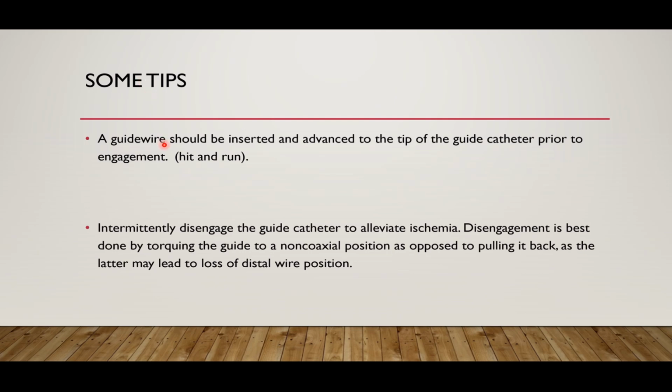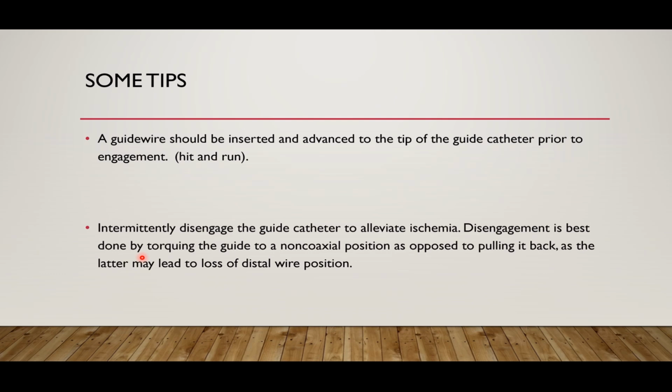First of all, before engagement, please introduce your guide wire inside the guiding catheter near the tip of the guiding catheter. So you will engage and introduce your wire inside the coronary artery, then disengage, hit and run. So the period of pressure dampening is very short.